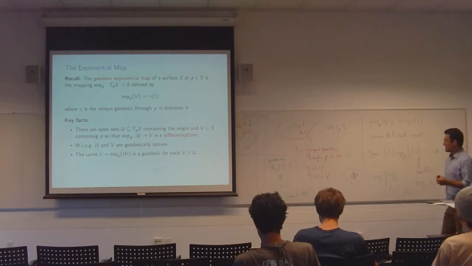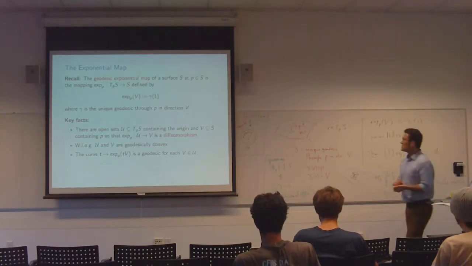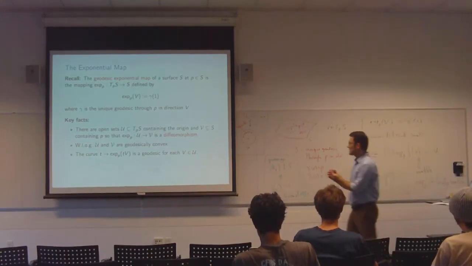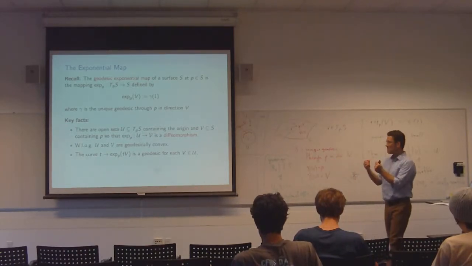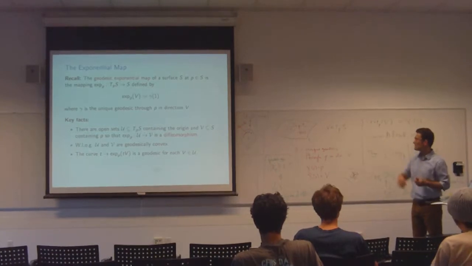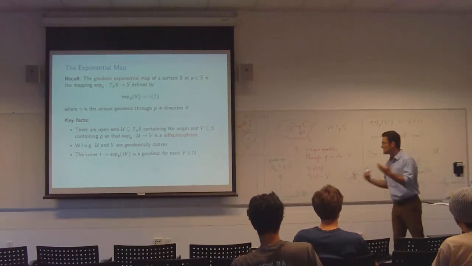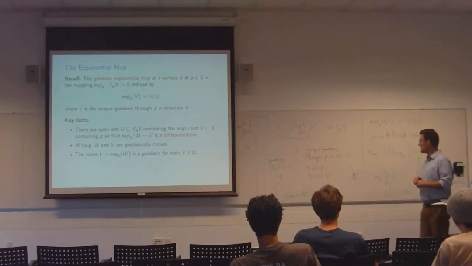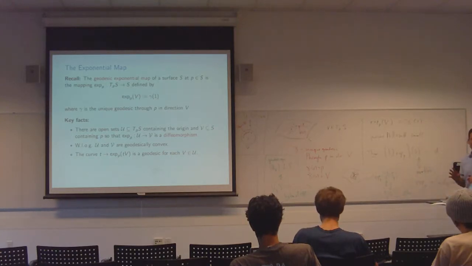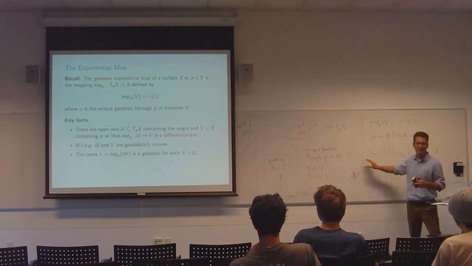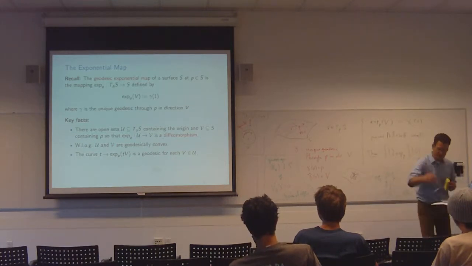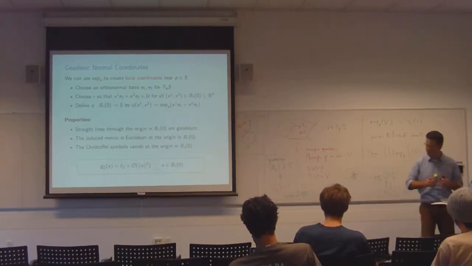Okay, so this is an obvious fact that I can represent the geodesics through P very nicely with this exponential map, basically by construction. So this is the reminder of the exponential map, everything we need to know for today. Let me move to the next slide. Any questions about this? I'm trying to jog from memory here. Okay, let me put up the next slide and erase for a bit.